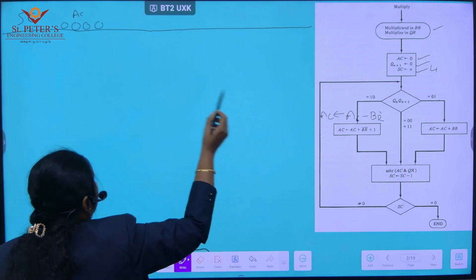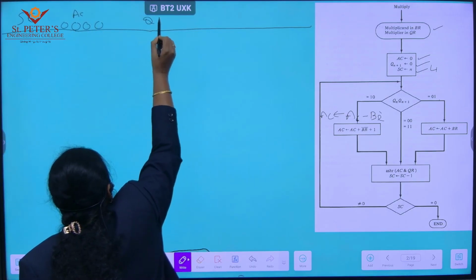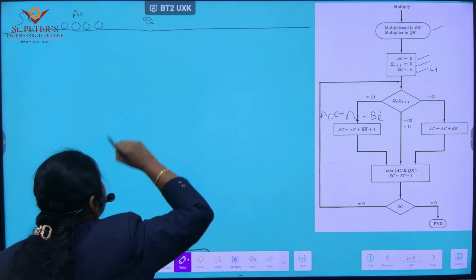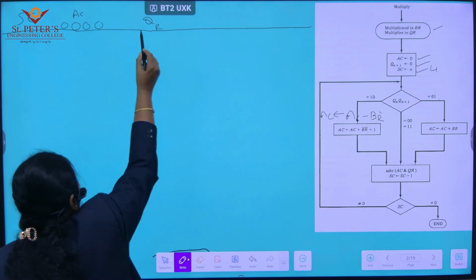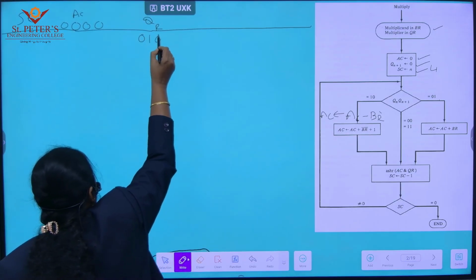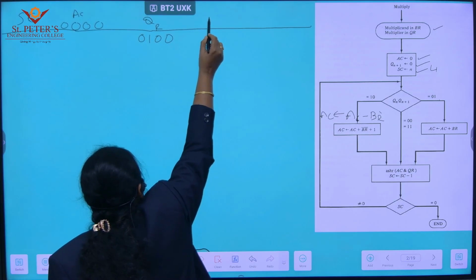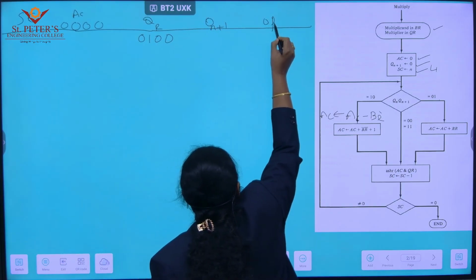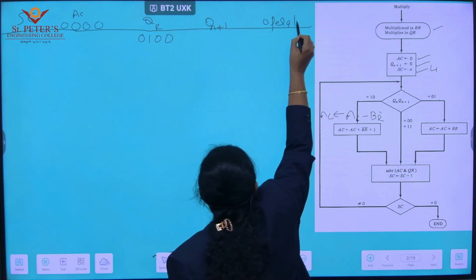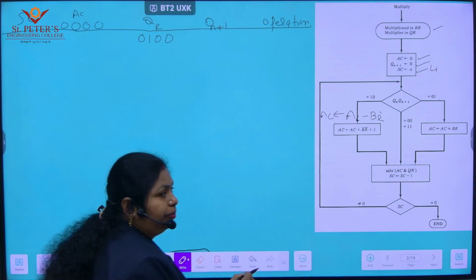Next, I am taking the Q register. What is there in the Q register? The QR register contains the multiplier. In our case, it is 0100. Next, Qn plus 1. Let us have a simple notation here.